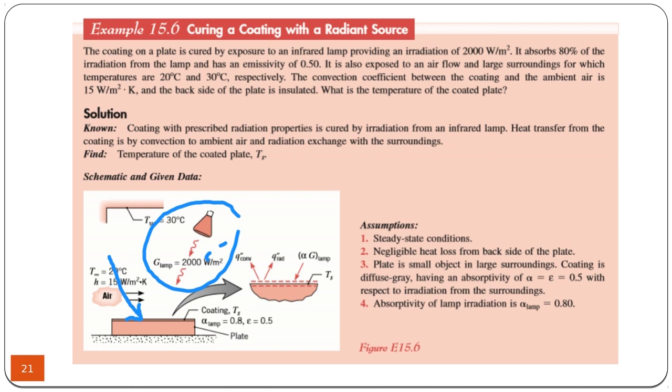So the irradiation amount is 2000 watts per square meter, but only 80% of it is absorbed by the surface, so 20% is reflected by the surface. So of 2000, 80% is 1600 absorbed, whereas 400 is reflected from the surface. And the surface emissivity is different from the absorption.